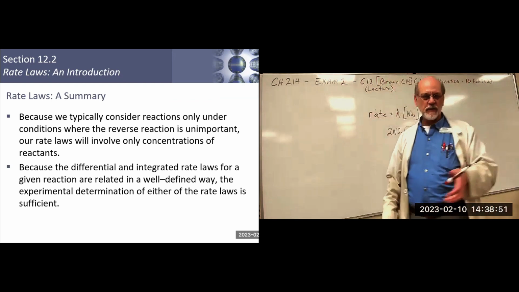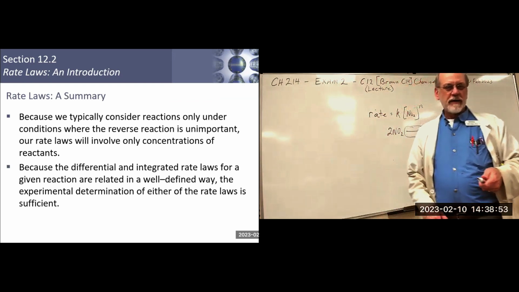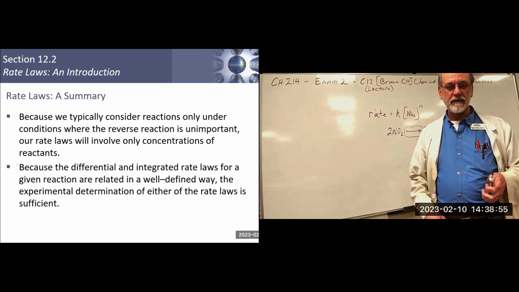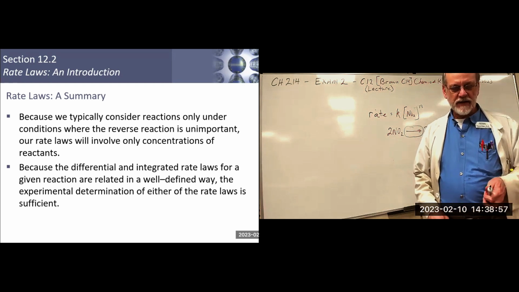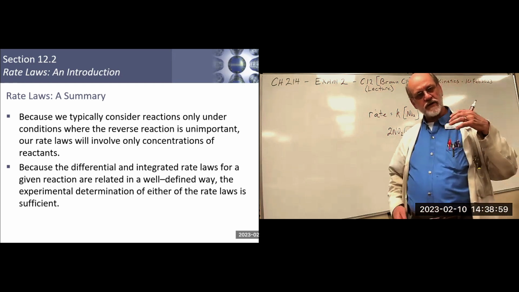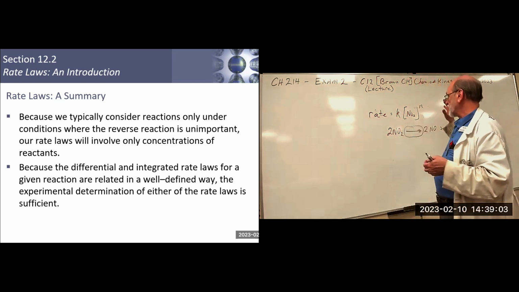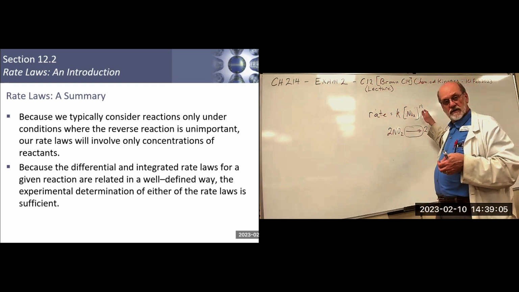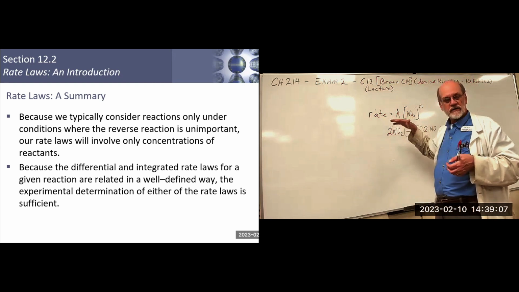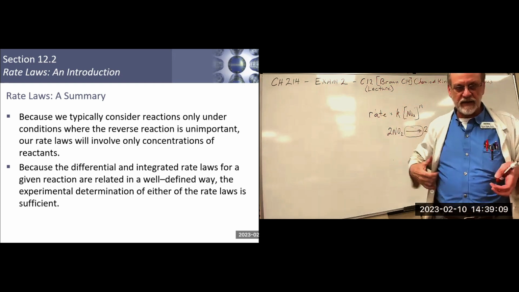Okay, this is just a summary. The first statement just reinforces the idea that we are going to study the reactions under conditions where the reverse reaction is insignificant.